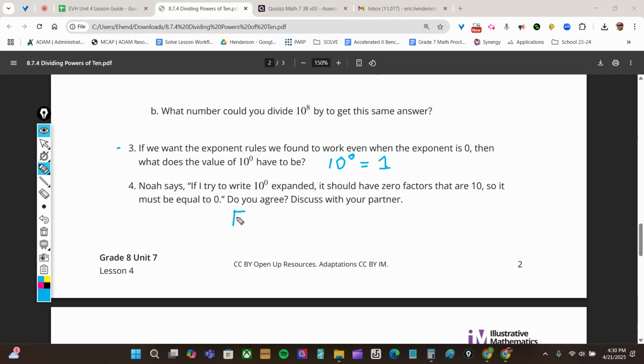But it's false because, for example, 10 to the second power is 10 times 10. 10 to the first power equals 10, and 10 to the 0 equals multiply nothing.